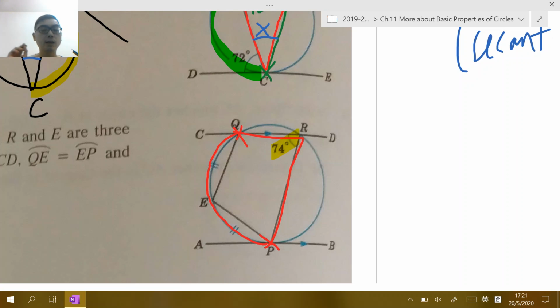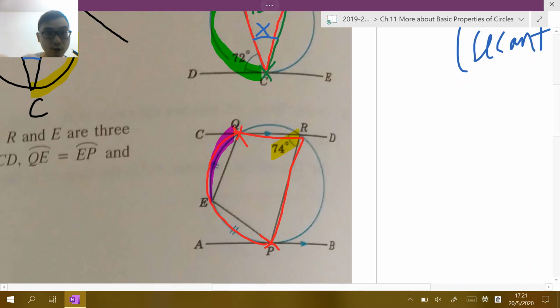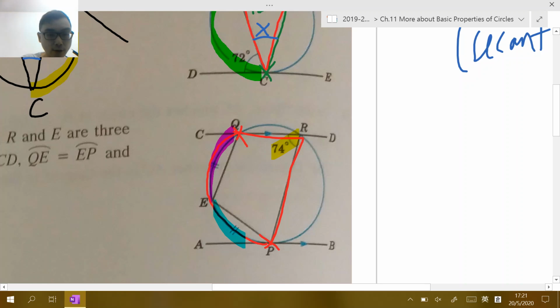But you can also see that the arc RPQ is divided into two parts, 1 and 2, and these two arcs are equal parts.